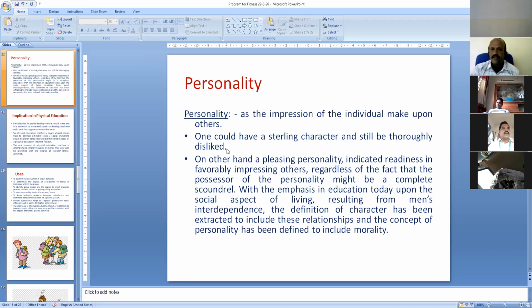So his character is good. His character means that his knowledge, punctuality, hard work, and awarding the marks, everything is good. But even though, he is disliked by the students. How?